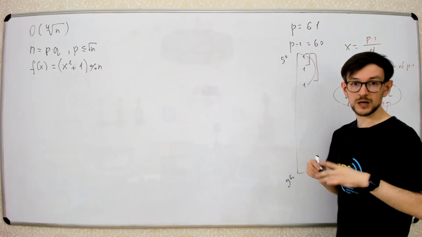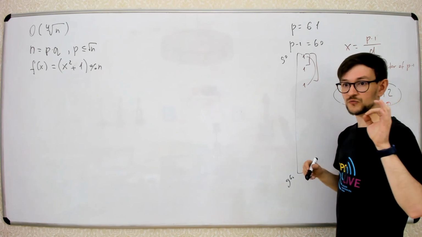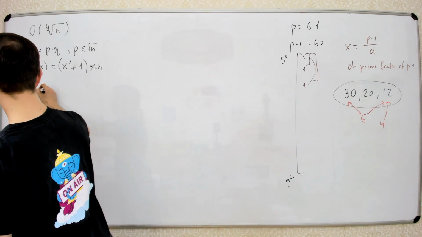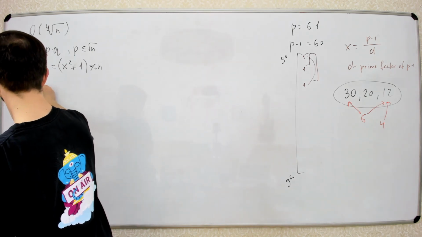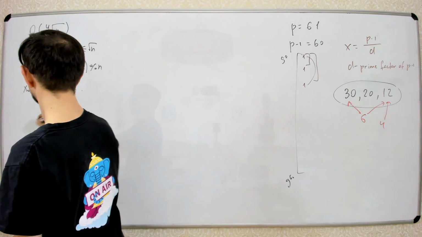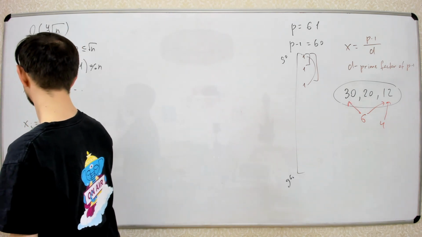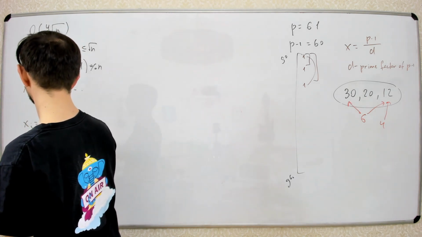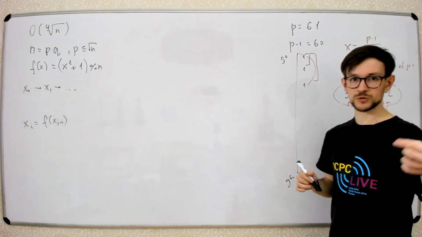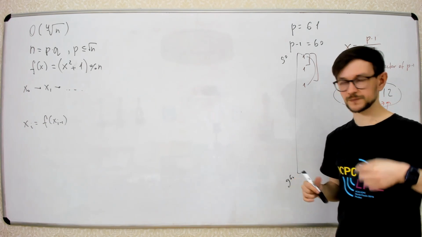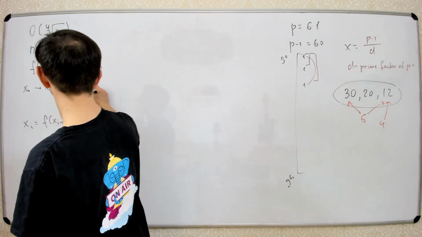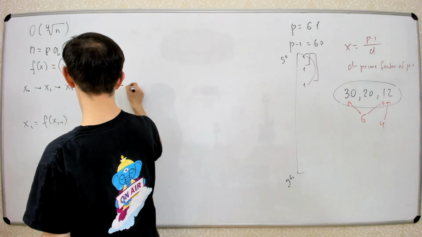Now, let's calculate the sequence. We start from some number x0, and then calculate x1, and so on. Each next number will be just f of x(i-1). So let's calculate an infinite sequence, and so on, and so on.